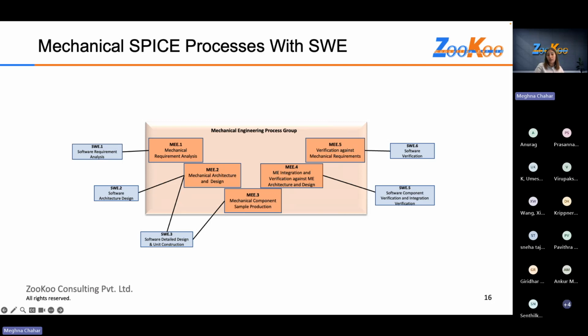Then of course that means we also need a verification, that the verification result of MEE3 from your sample production is in line with our design over here. Whatever design we are developing over here, this production needs to be in line with this design, and we need to verify this product against this design and architecture.